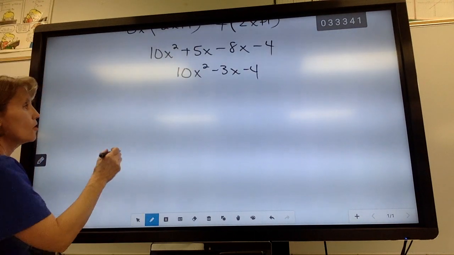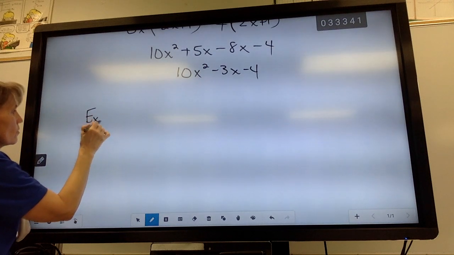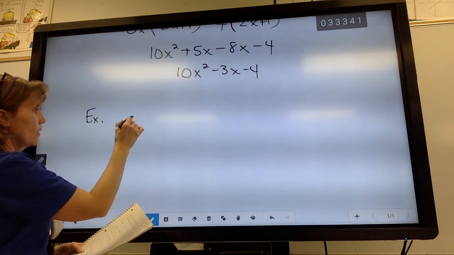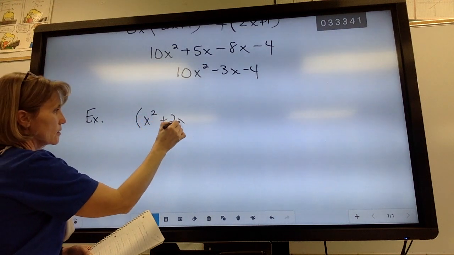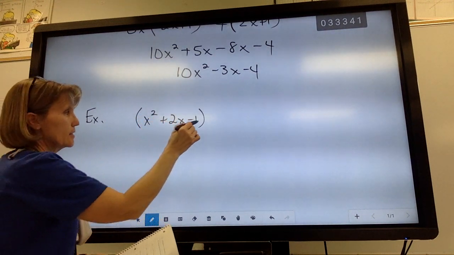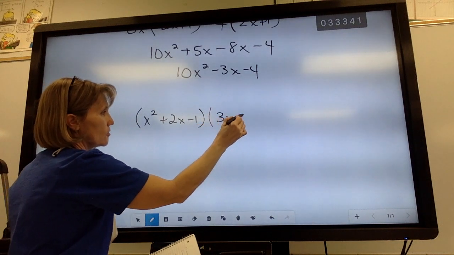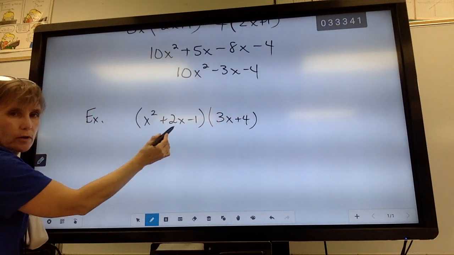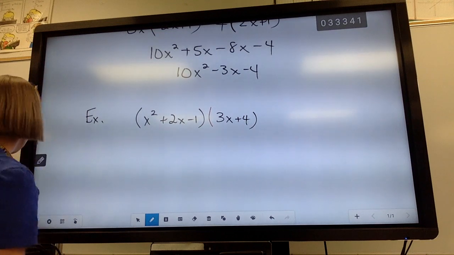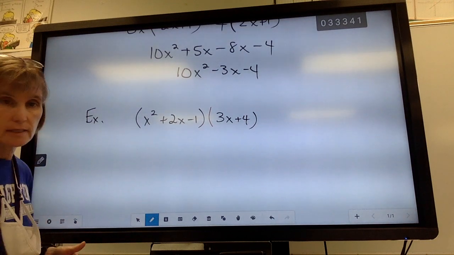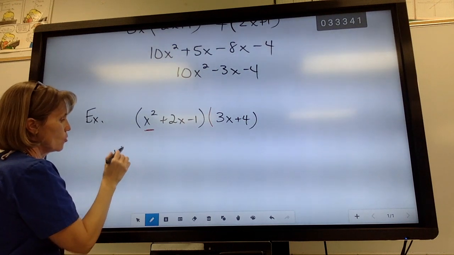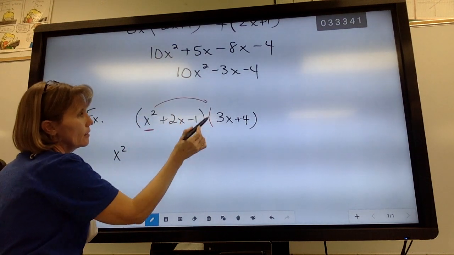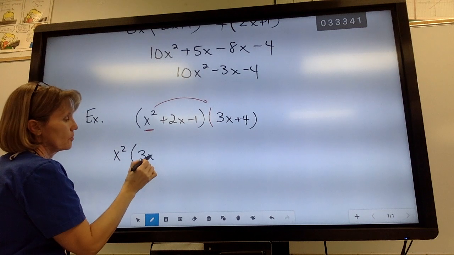Okay, and just to give you one bigger example. If I had a trinomial x squared plus 2x minus 1, and I take that times 3x plus 4. So this time I have a trinomial times a binomial. And we follow that same process. We're just going to break this up. I'm going to take this first term, x squared, and multiply it times the 3x plus 4.